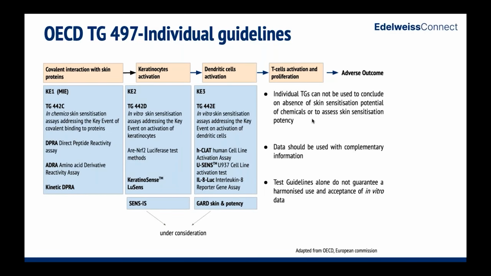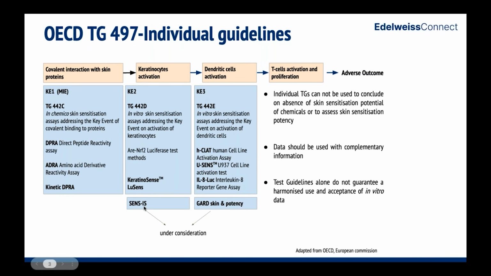And there is up till now no approved assay for the fourth key event, which is T cell activation and proliferation. There are two new advanced assays which are also under consideration, which are Sens-is and GARD skin assay.